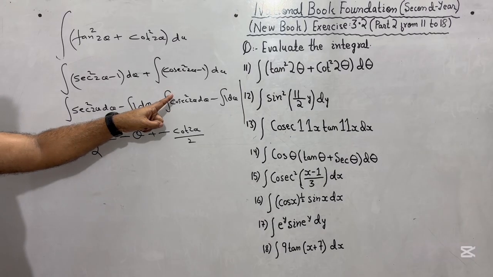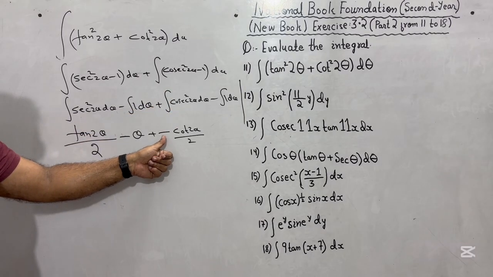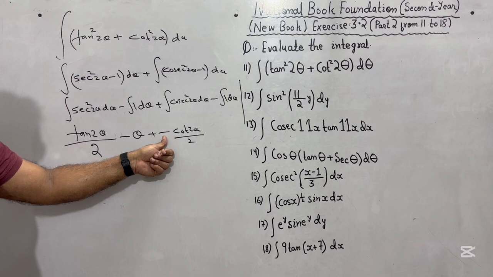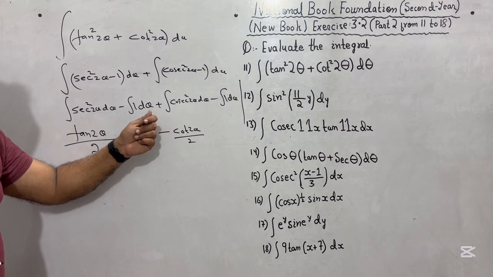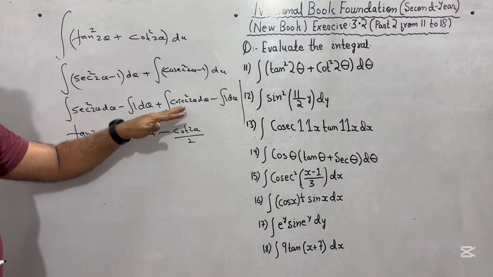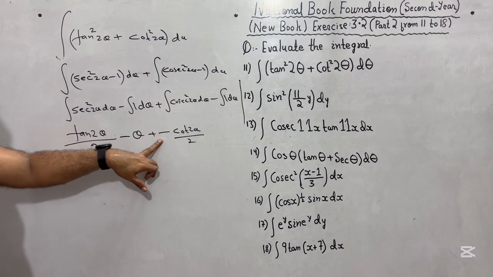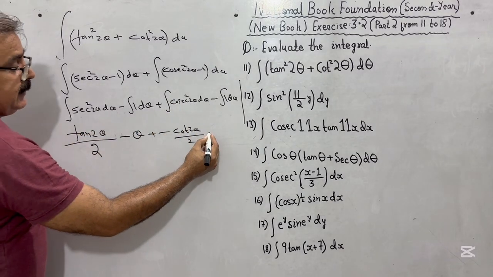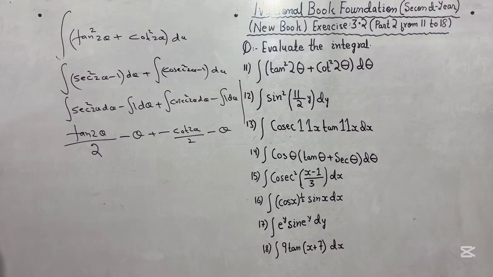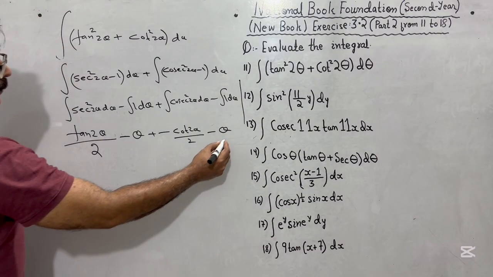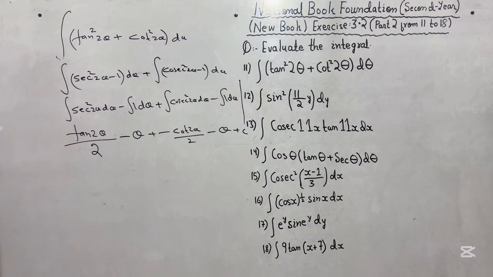Differentiation of cot is minus cosec square, so I have taken this deficiency here: minus times minus cosec square, minus plus, and you will get the same result. So if there is a minus missing, introduce it here. And integration of 1 is only theta plus integration constant c.